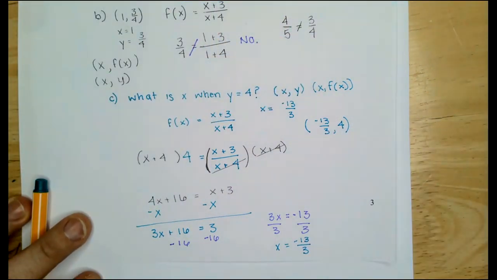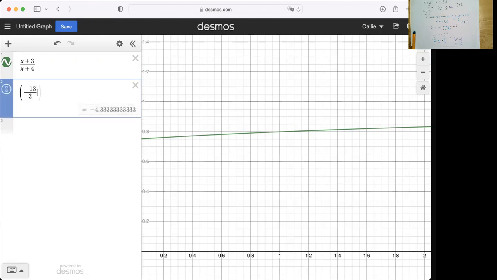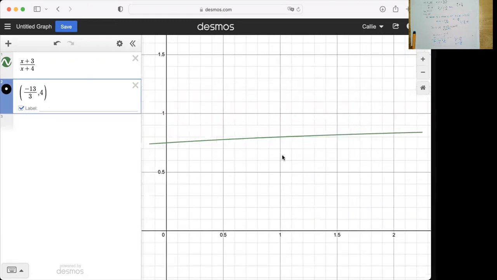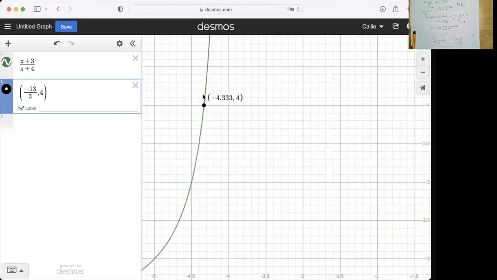You can check it on Desmos. Let's put negative 13 thirds, 4, and label it. It is on the graph.